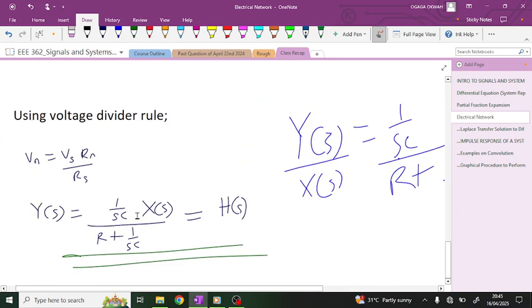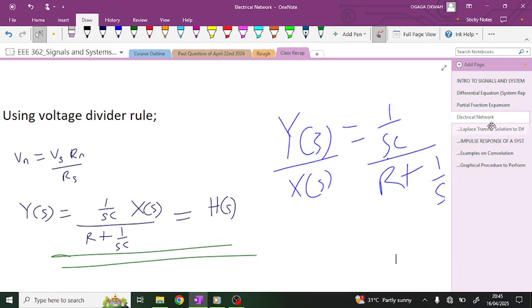So we have gotten the differential equation of the network above, and we have also expressed the transfer function successfully. If we had some figures here, we would have taken the Laplace transform and then partial fraction decomposition. Okay, but we just stop here for now and let that be.